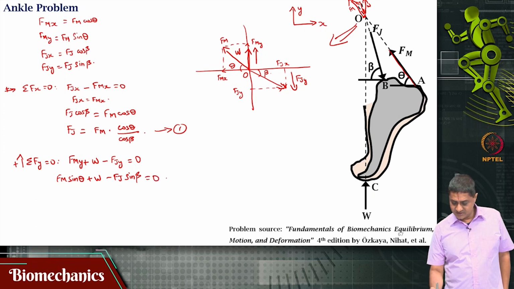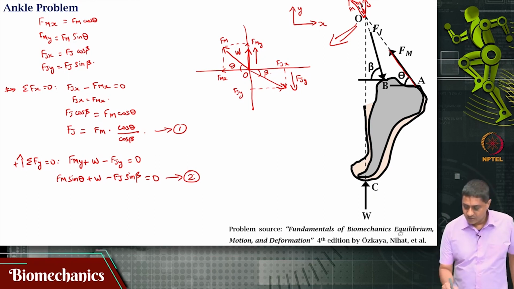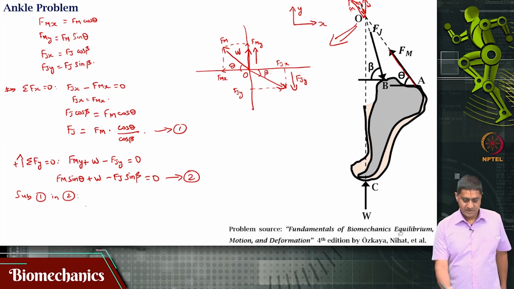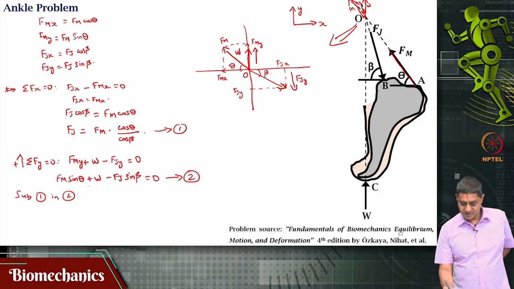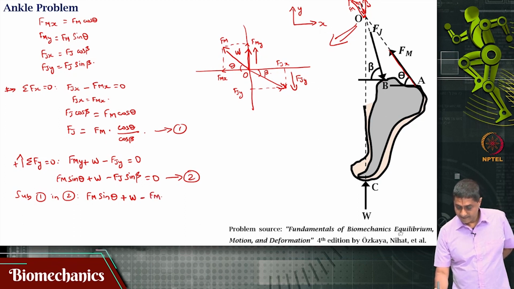This whole thing is 0 and I am going to call that equation 2. Now, substitute equation 1 in equation 2. When I do that, what do I get? Fm sin theta plus W minus Fj, where Fj is Fm cos theta by cos beta, is it not?